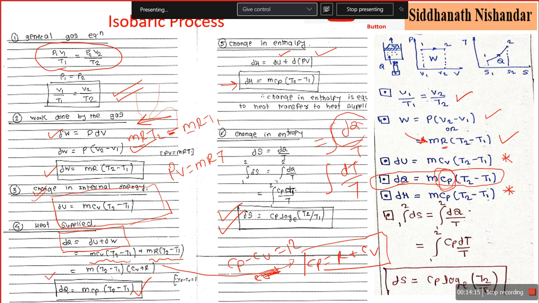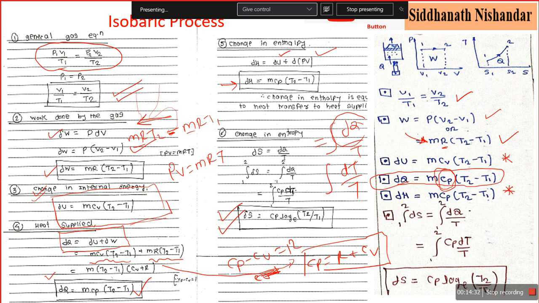This is very important, just remember, the simple change is here. Heat added at constant pressure, we just remember the formula m Cp delta T. And in case of the isochoric process, it is m Cv delta T. These are the only changes, and dU and dH are the same for both processes.